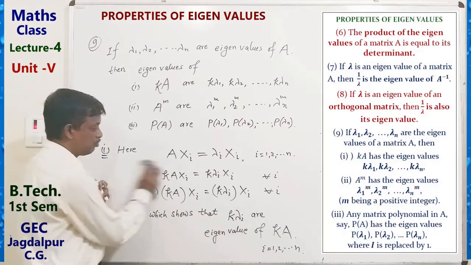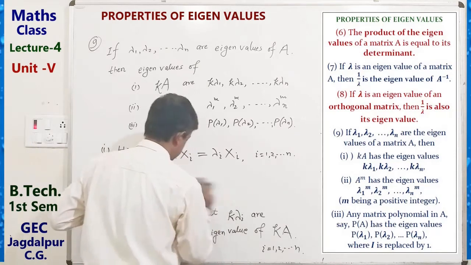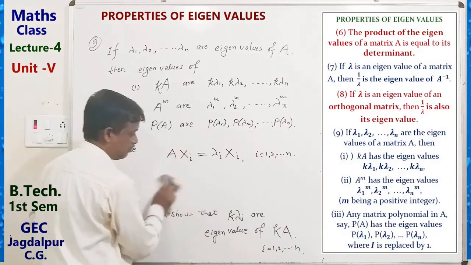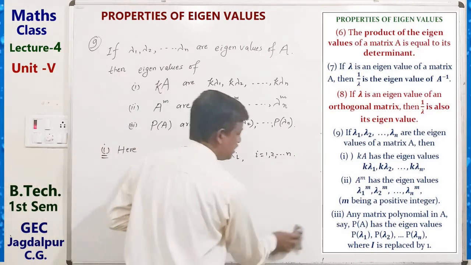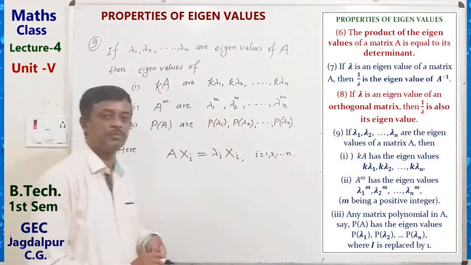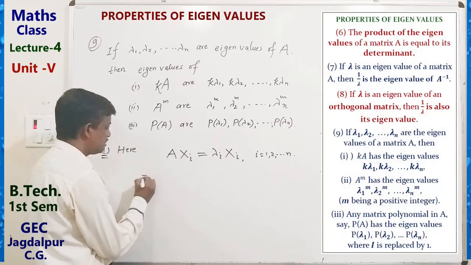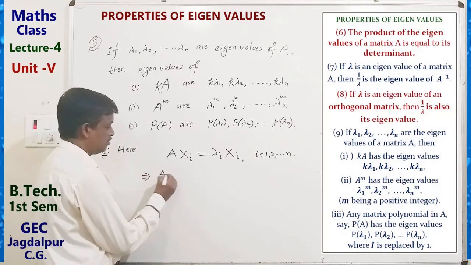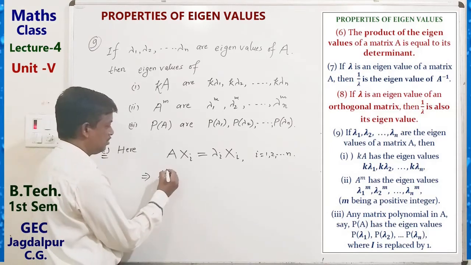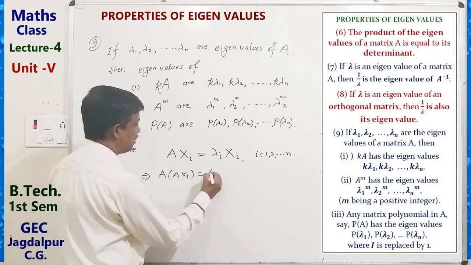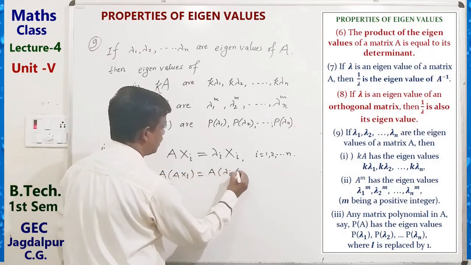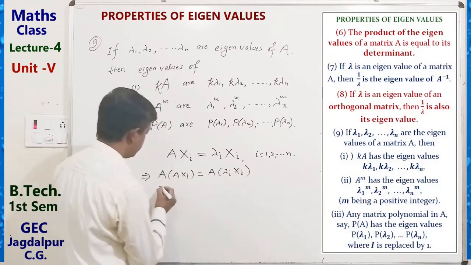Now for the proof of the second, what we have to do is increase the power of A. Pre-multiply by A: A times A xi equals A lambda i xi.